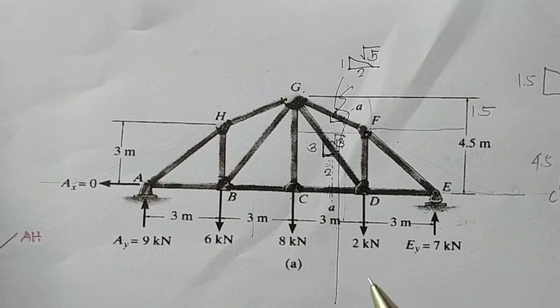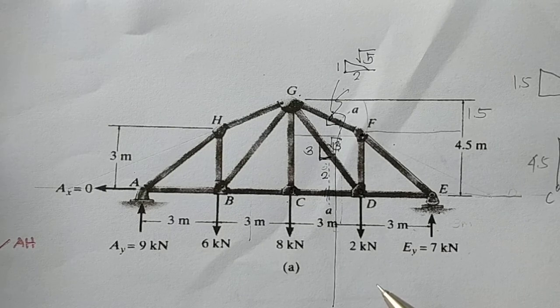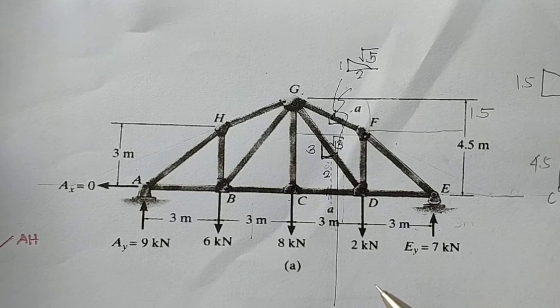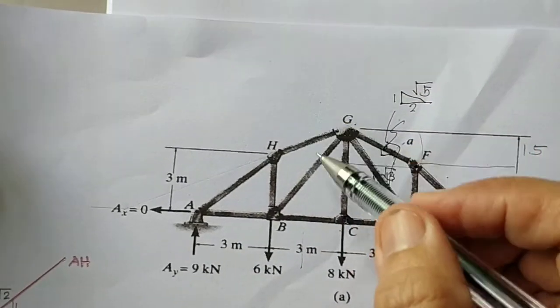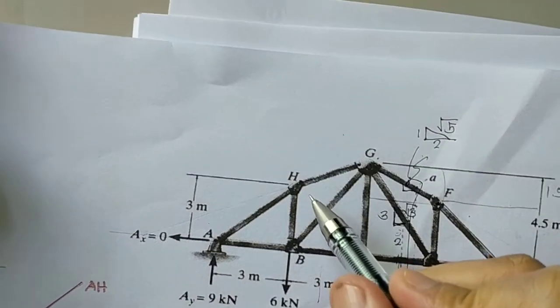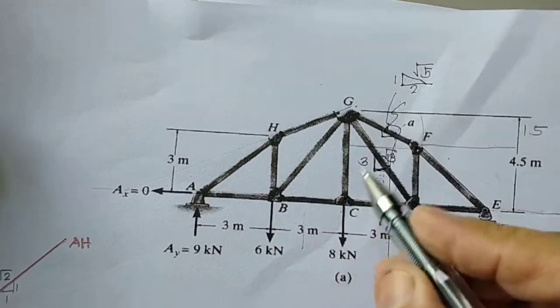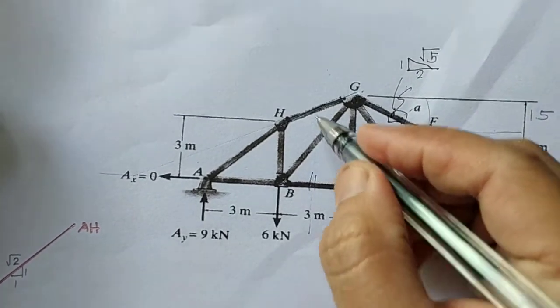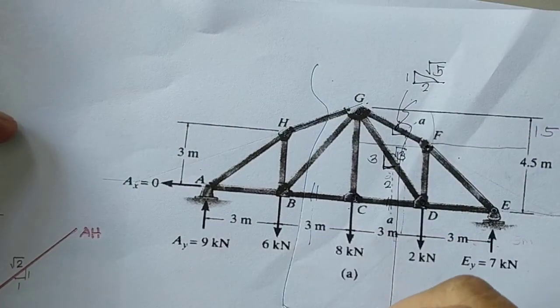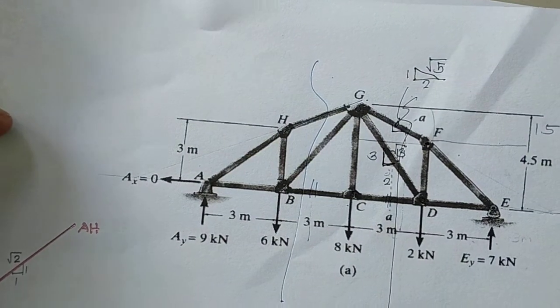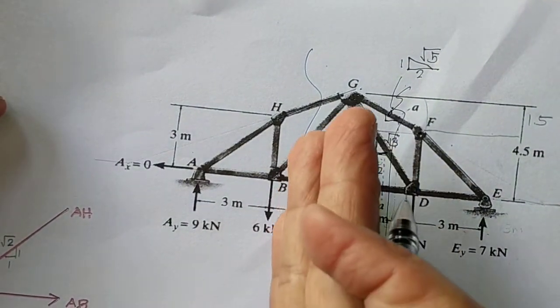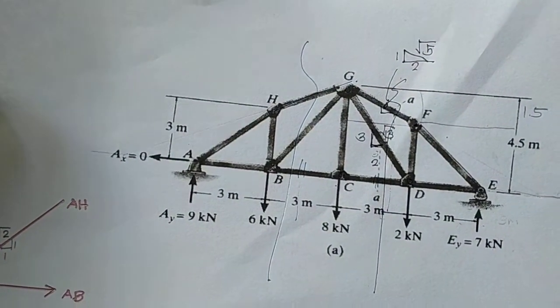So I can proceed now to using the section method again to get the value of member HG and member BG. This member is already computed, so I will traverse the line here and draw the free body diagram, and I will get the left portion of the structure.